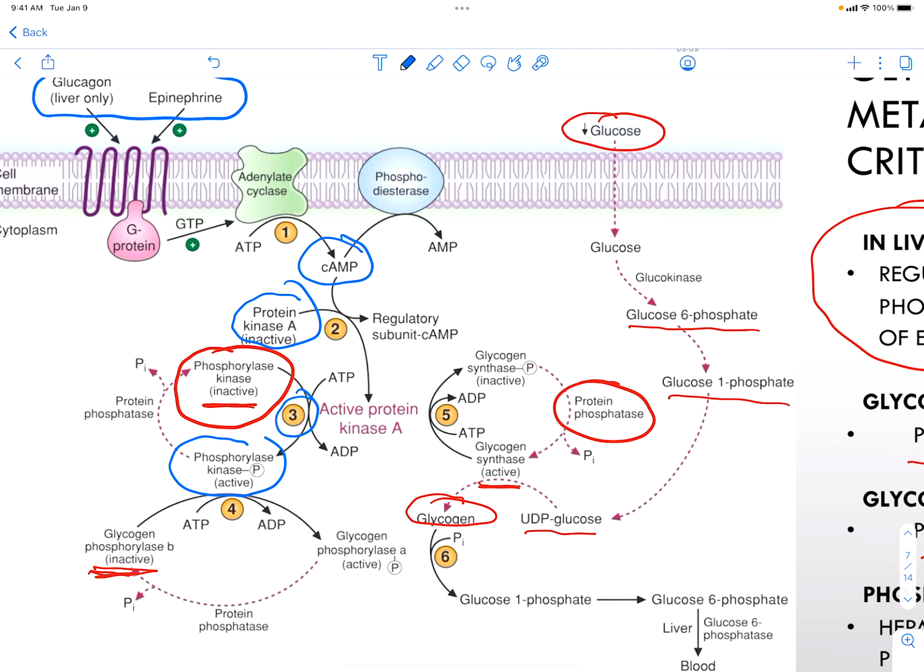Phosphorylase kinase is now active, and phosphorylase kinase is going to phosphorylate glycogen phosphorylase. And this is now going to be active. And then you're going to start to break down glycogen stores. Now also what's happening is your protein kinase A is going to phosphorylate the synthase and make it inactive. So you're not going to build up glycogen stores. So they're going to be alternatively activated.